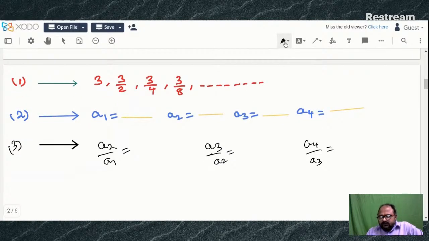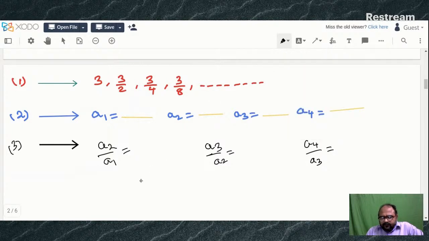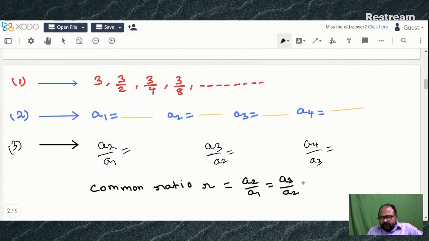You will get the common ratio R, that is equal to A2 by A1 or A3 by A2 or A4 by A3. You will get all the values the same. You will get the same value.